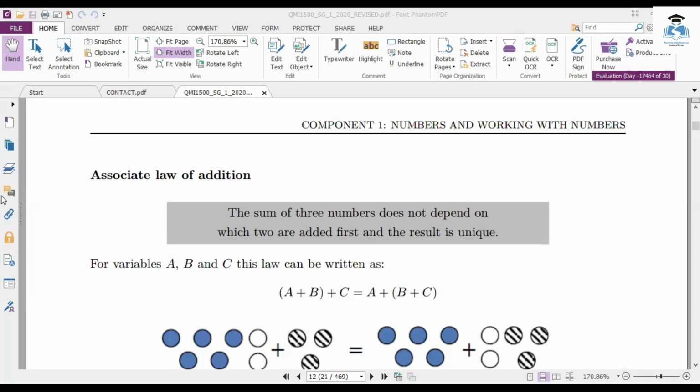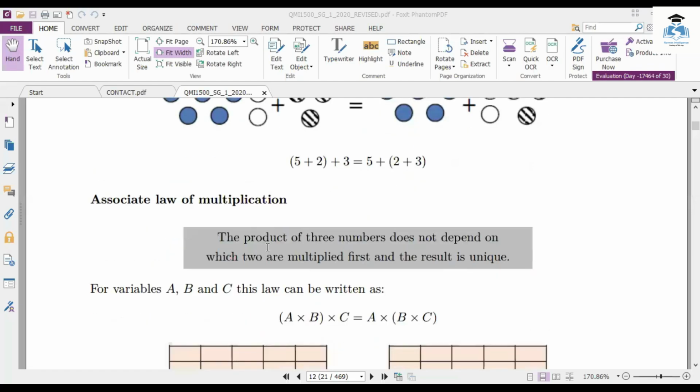So commutative, we had 2 numbers, A plus B, will always be equal to B plus A. But on this one, we are saying if we add A plus B in brackets, then we add C, it doesn't matter if we do the opposite and say A plus B plus C in brackets.